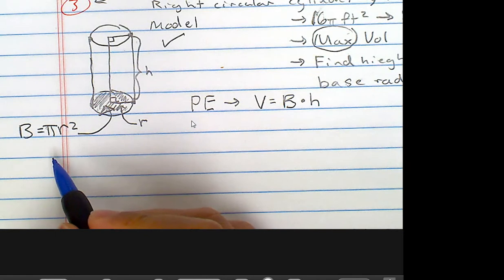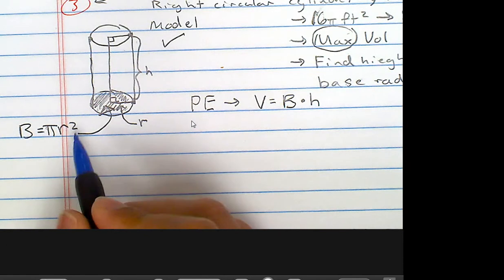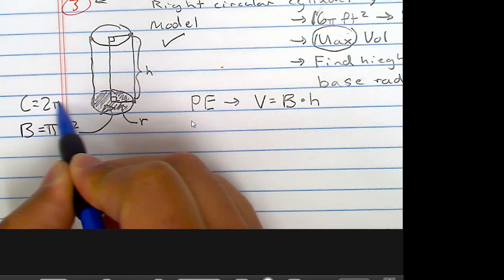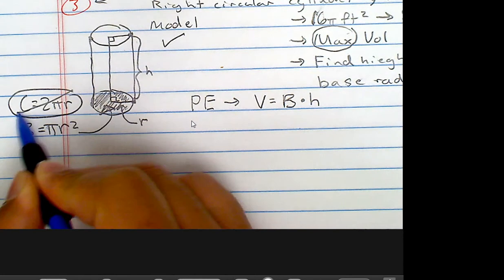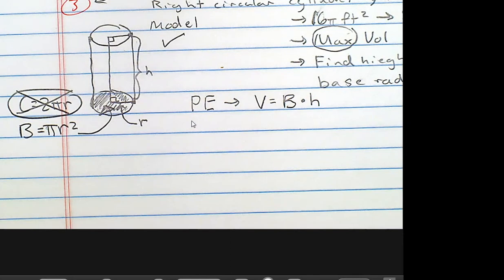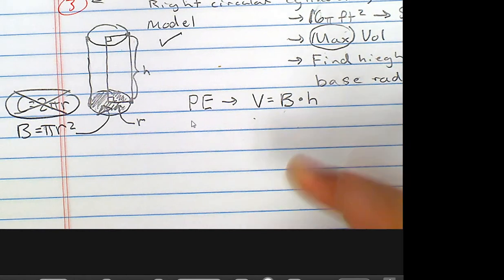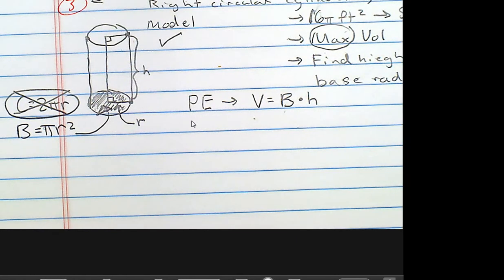Area is pi r squared, and circumference is 2 pi r. But wouldn't it be 2 if you have top and bottom? You're absolutely right. But when you're talking about the volume formula, we're just talking about one of the bases. But when we do surface area, Leslie, you'll be absolutely right.